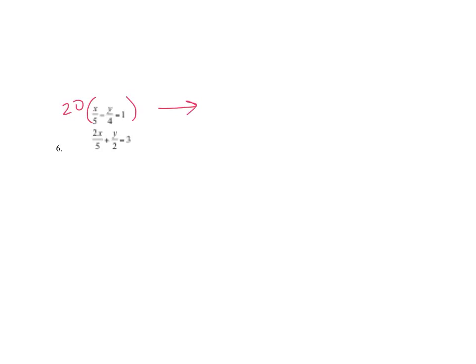So if I multiply that whole equation by 20, I have 4x minus 5y equals 20.